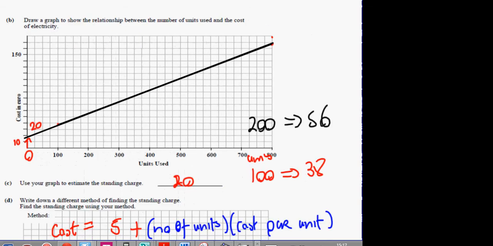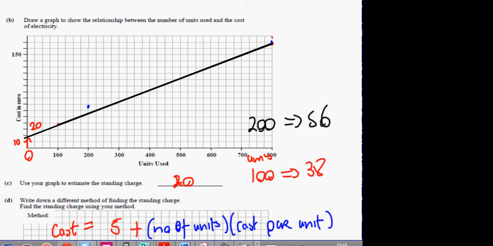Now, what was the one I said? 800 and 160, just slightly more expensive. And the other one? 267. Okay, 10, 20, 30, 40, 50, 60, 67.